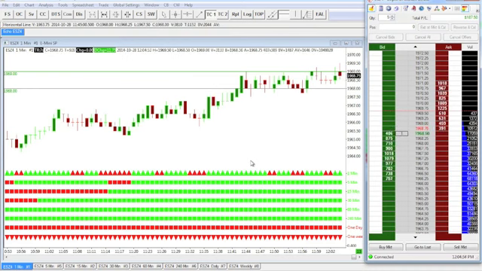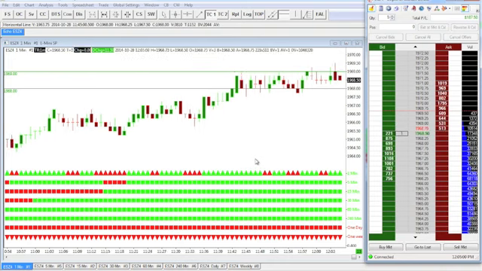We'll see what happens here in the next 10 seconds. Wait for that post. Did post green and gave us a red candle, so take a little buy position there.